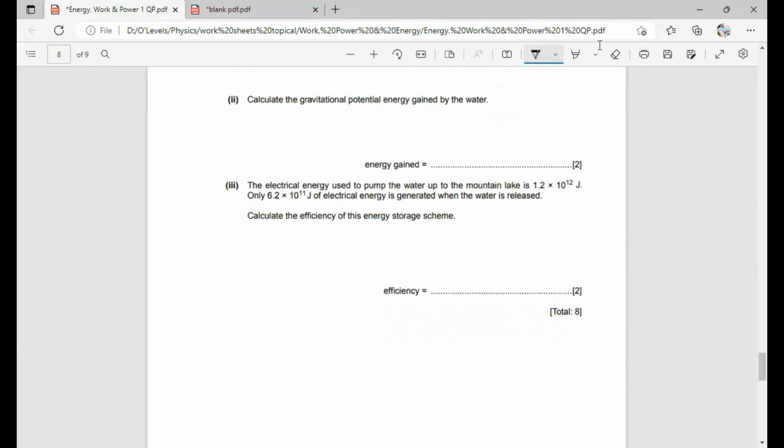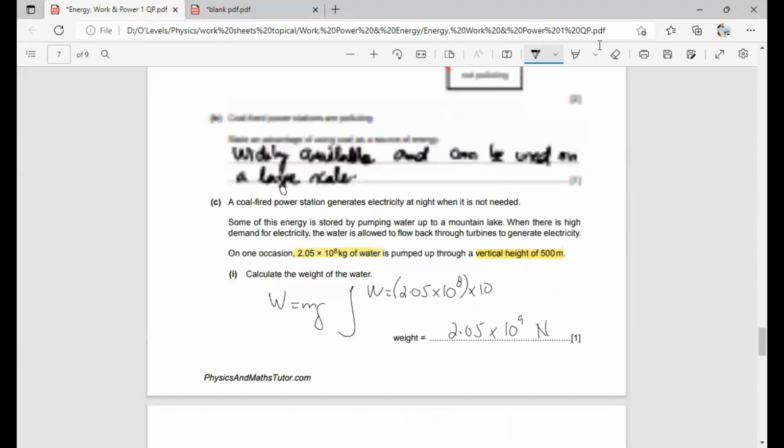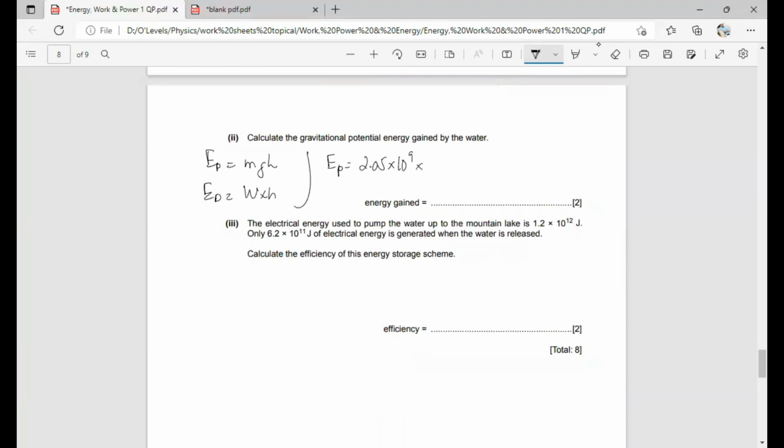Calculate the gravitational potential energy. We know that potential energy is equal to mgh, and mg is the weight, multiplied by height. We have weight 2.05 exponential 9 multiplied by height 500 meters.